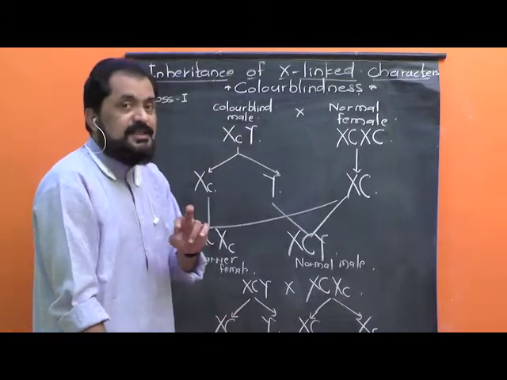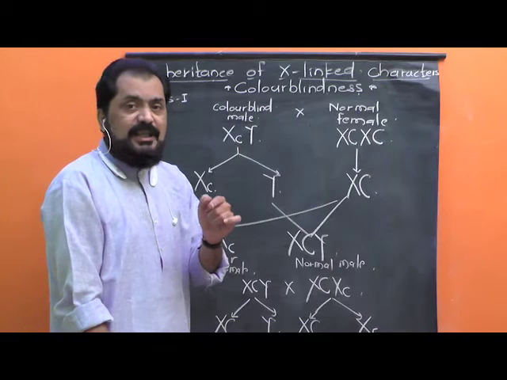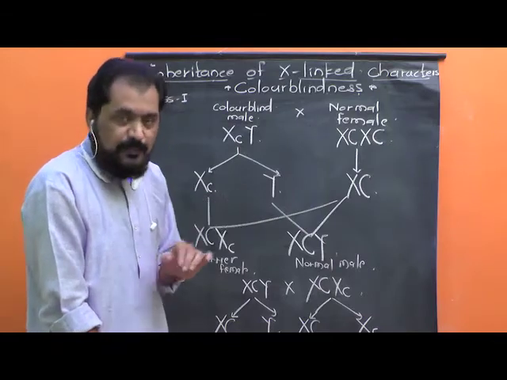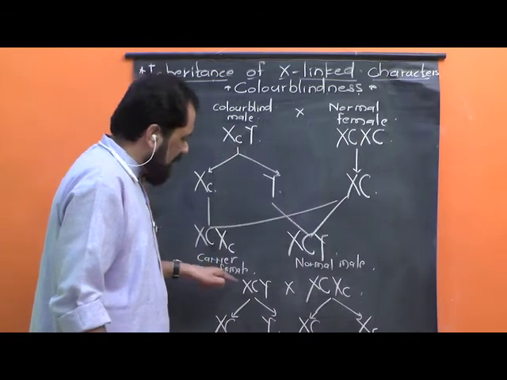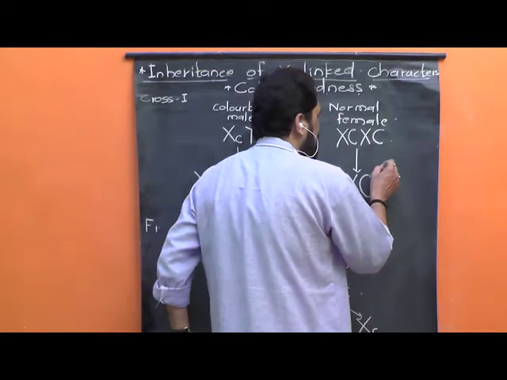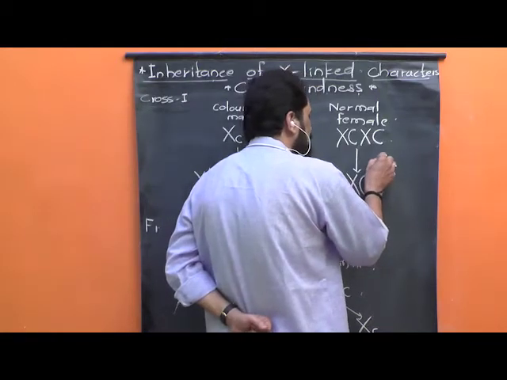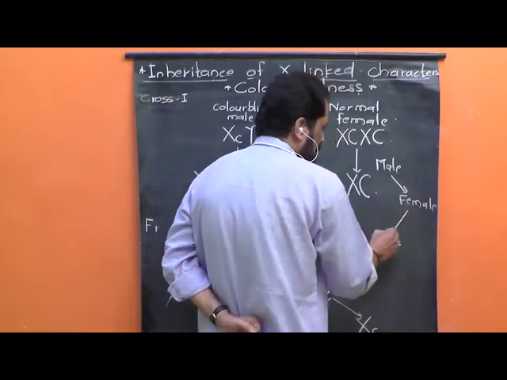It means this X-linked gene changes the sex in every generation. It gets transmitted from male to female and again from female to male, and that's why such a type of mode of transmission is known as criss cross transmission.